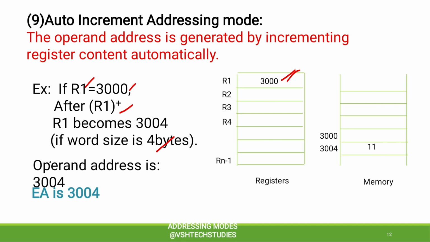If one word size is 32 bits, it is equal to 4 bytes. So it is incremented by 4, and 3000 becomes 3004. Hence effective address is 3004. Whatever is in that memory location is the operand and is used for further processing.